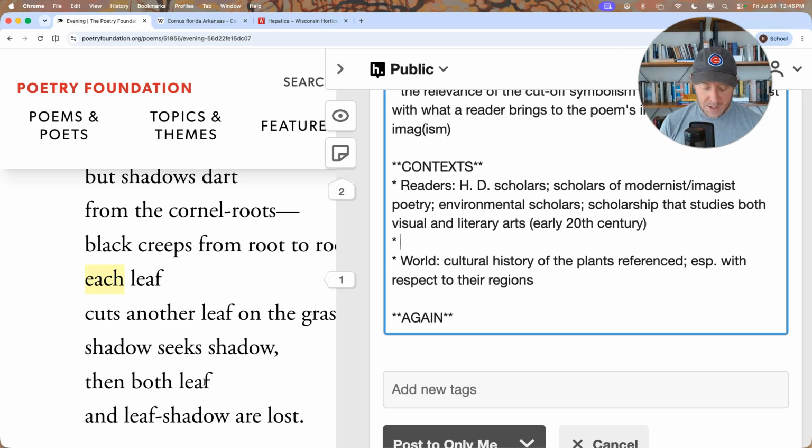Okay, so readers, self, culture. To be honest, I'm not sure. The identification of the plant certainly locates the poem, marks it as at least being from the global north, if not located in North America itself. But I don't really get a sense of identity here. It's difficult for me to get a sense of identity here.